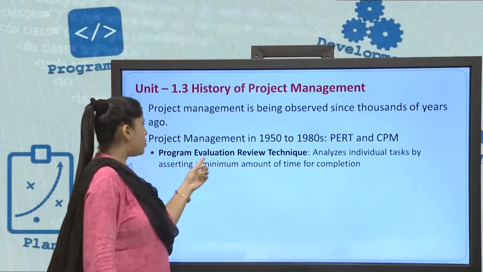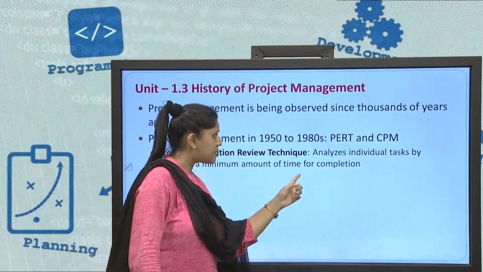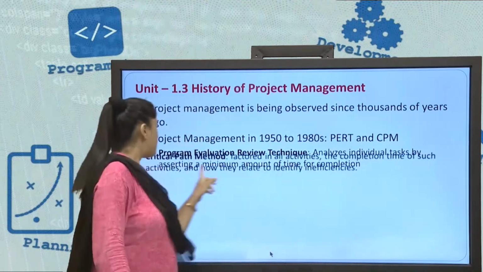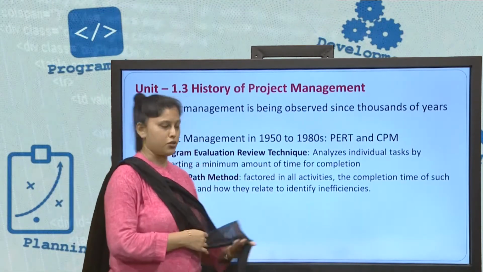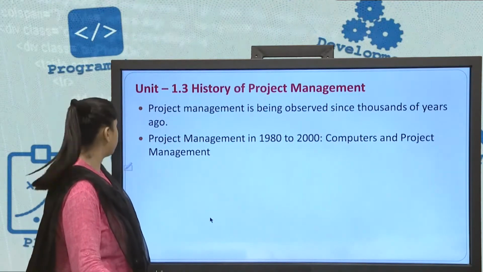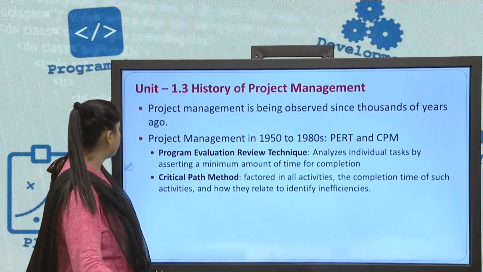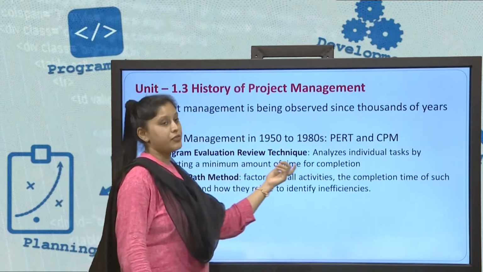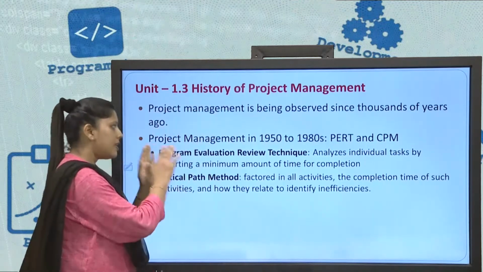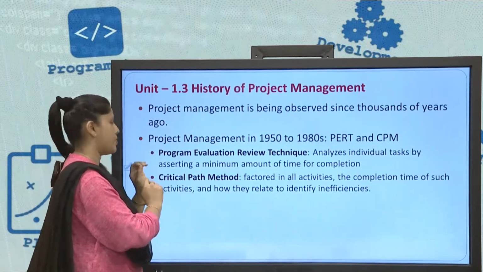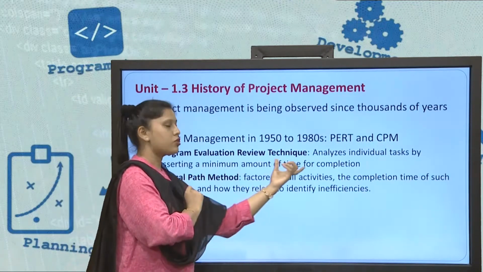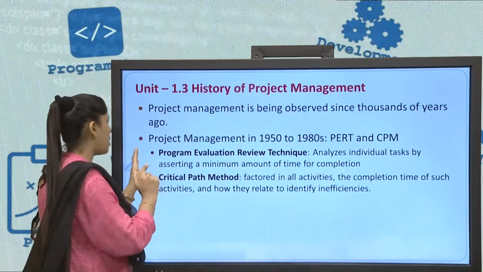So Program Evaluation Review Technique analyzes individual tasks by asserting a minimum amount of time for completion. All this is analyzed for an individual task by a particular person with a minimum amount of time for its completion. That is called PERT.